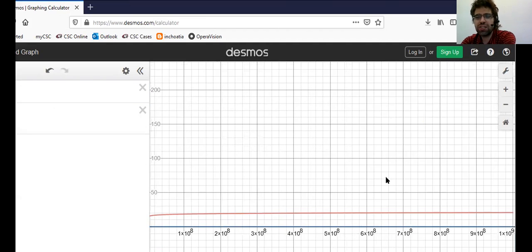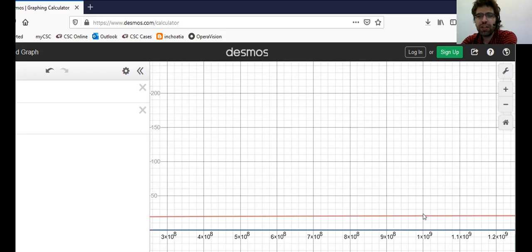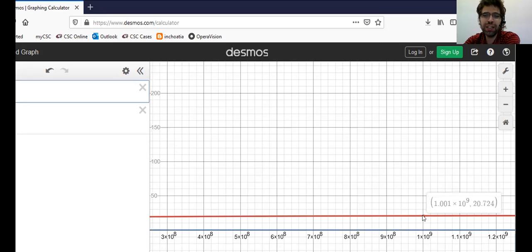When x is 1,000,000,000, the logarithm is growing at a rate of 1/1,000,000,000th. So the bigger x gets, the slower the logarithm grows, which is why when x is around 1,000,000,000, the natural logarithm is still sitting at 20 point something.